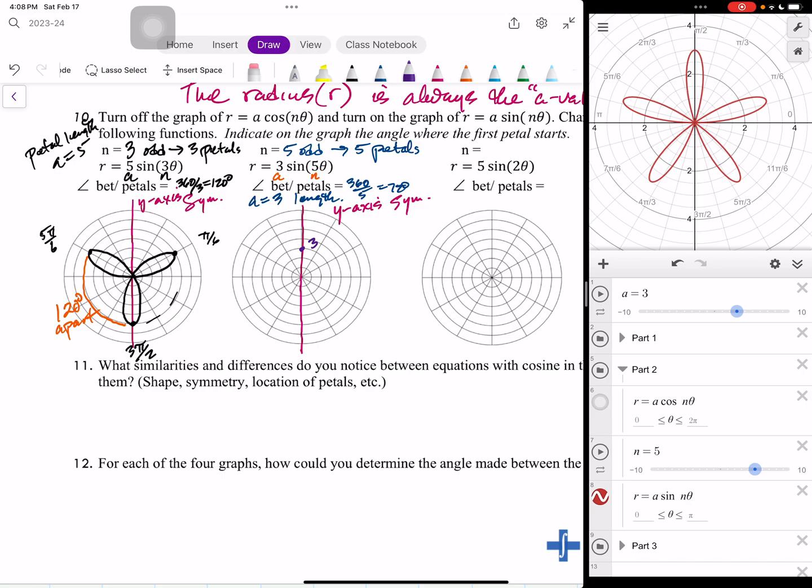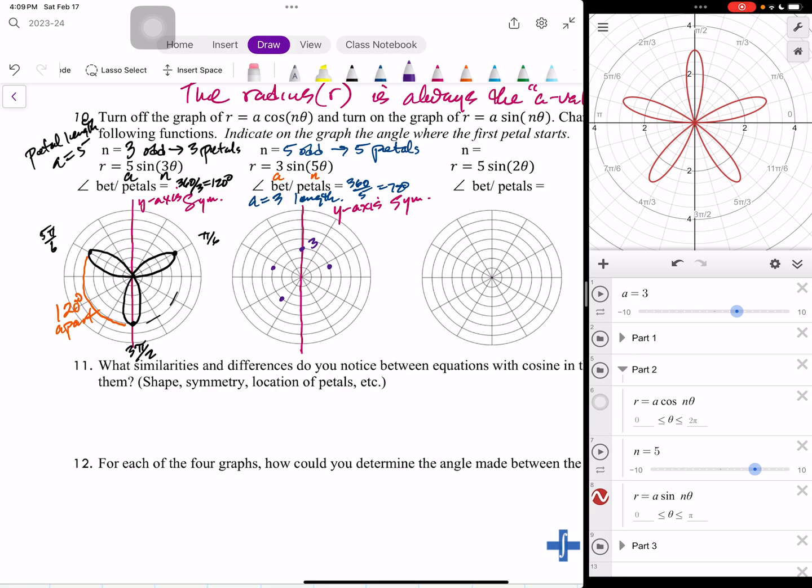And then I have to approximate the other petals where they are, just looking at your Desmos graph over here, off to the right. Got to be on the same circle. I'm approximating right now, you guys.